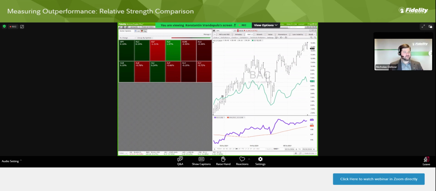If you're pairs trading two different companies, this is exactly what you're looking at, to see whether one is getting stronger than the other. If they're both going up the exact same amount, and you're long one and short the other, nothing's going to change. But if one stays still and the other goes up, or one stays still and the other goes down, or vice versa, that's where you're going to see some of that difference, and it's really going to be illustrated in the relative strength comparison tool.